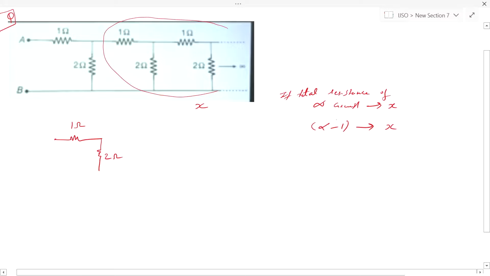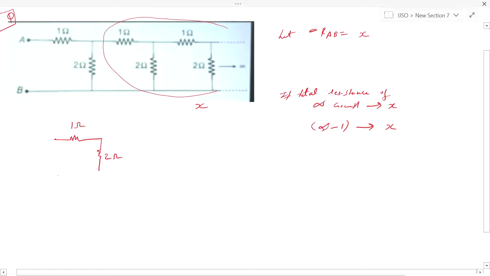Understood? Yes. So infinite minus 1 will also be X. So let's assume the total resistance RAB in this case is X. If I exclude one part, the remaining infinity minus one part will be the same, X.